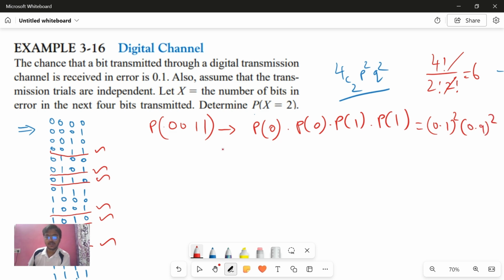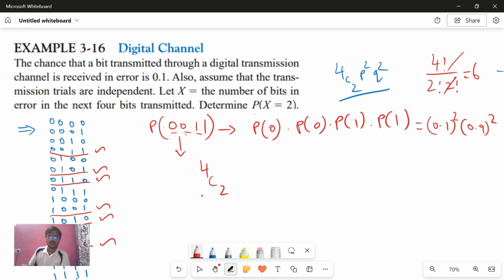But 0011 is not the only possible way, right? You can arrange it in any number of ways. How many total ways can you arrange? There are totally 4 bits, and you want 2 bits to result in error. So 4C2, this is how you arrange.